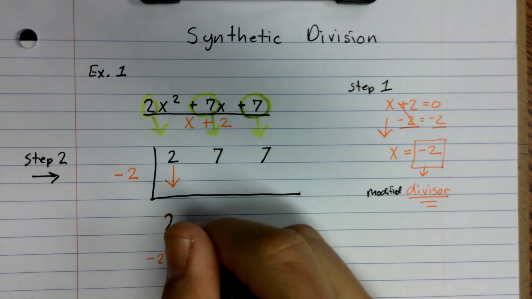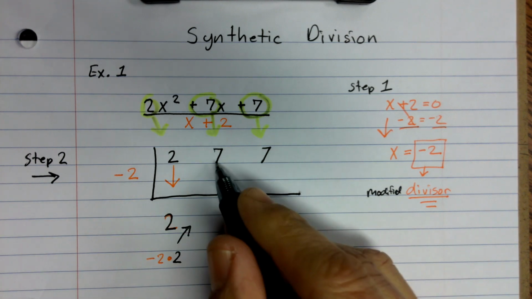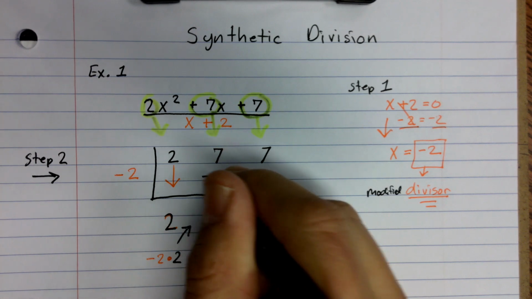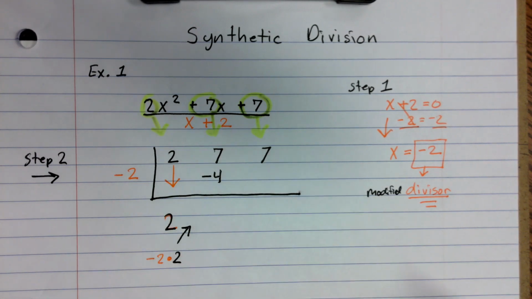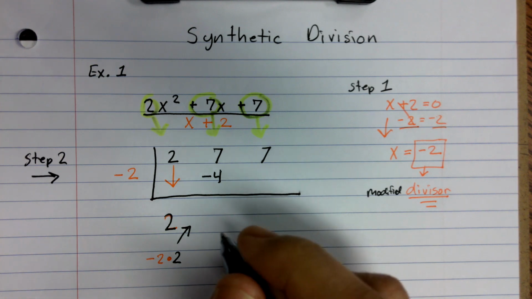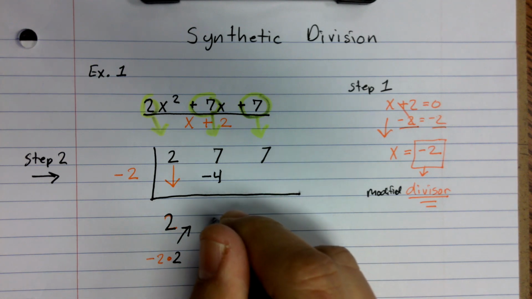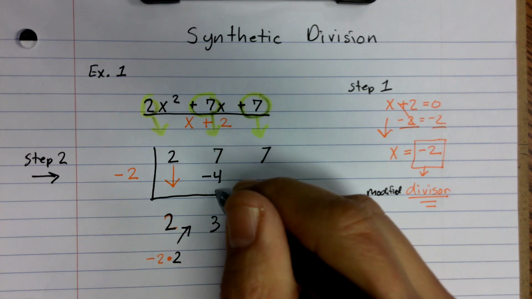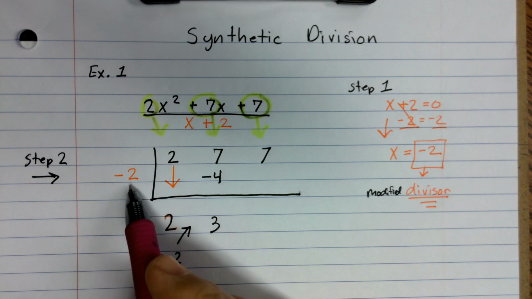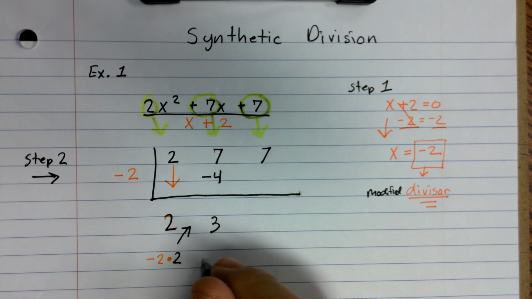Once I multiply negative 2 by 2, it gives me negative 4. I'm going to take that answer and write it underneath my 7. So negative 4. And if I combine these terms, 7 plus negative 4, it's going to leave me with a positive 3, which I'm going to bring down. Then I'm going to take my negative 2 again and multiply it by this 3.